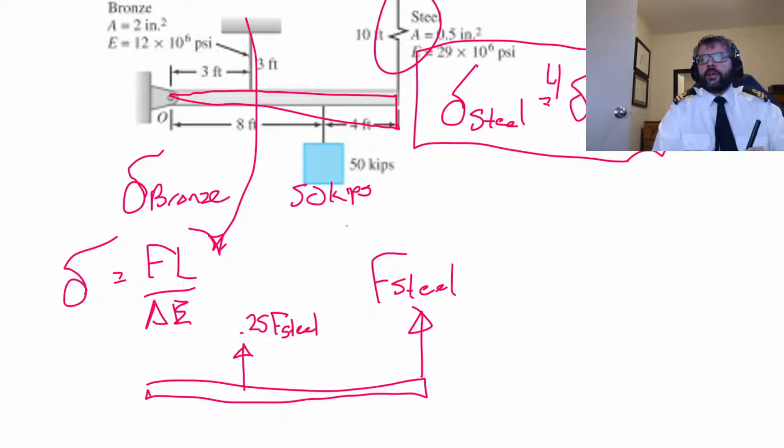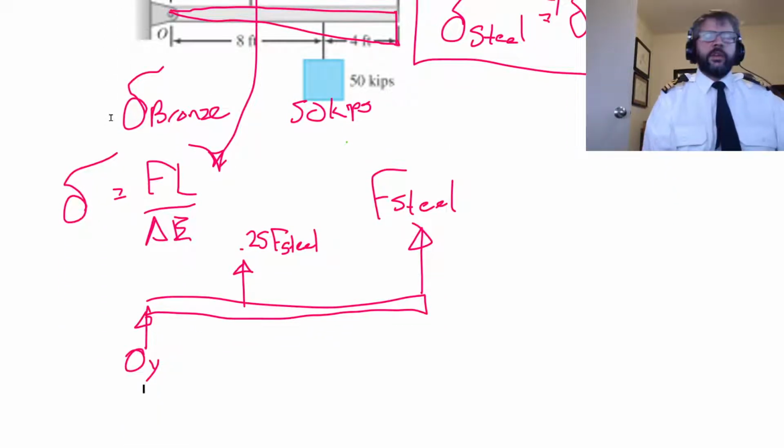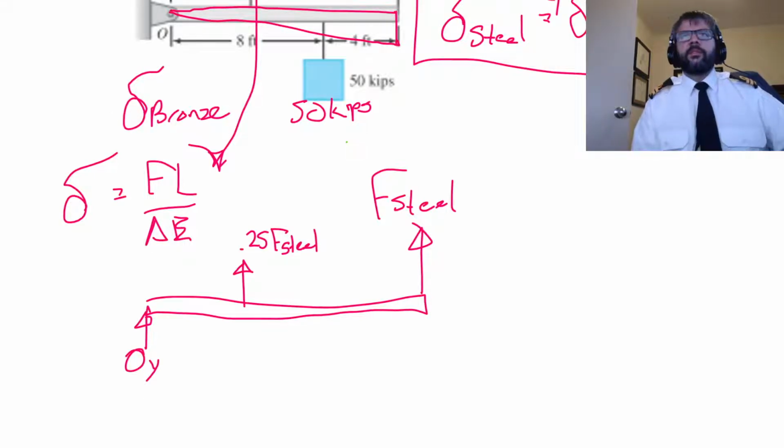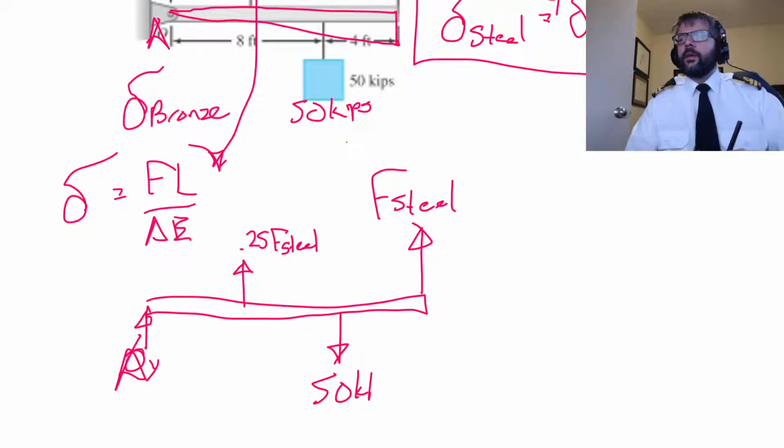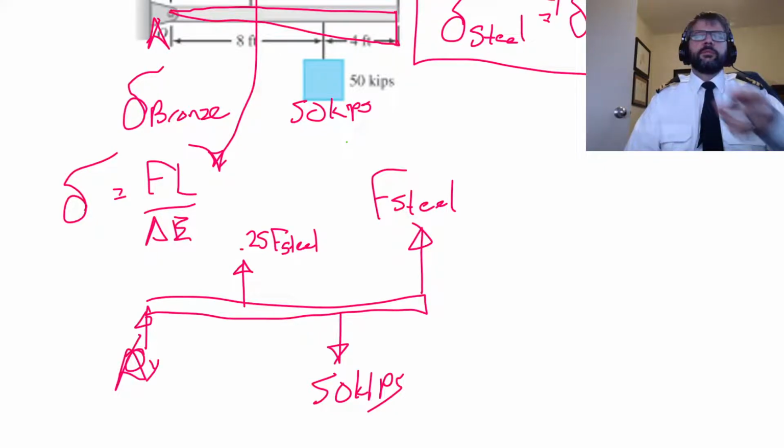And then we're also going to get an O_y. I used O for origin for the location there. Actually, I'm relabeling that A because O looks too much like a 0. And then we got the 50 kips here. So from there, we can take the sum of our moments, take a moment through A, and then we're able to solve for what our F steel is.